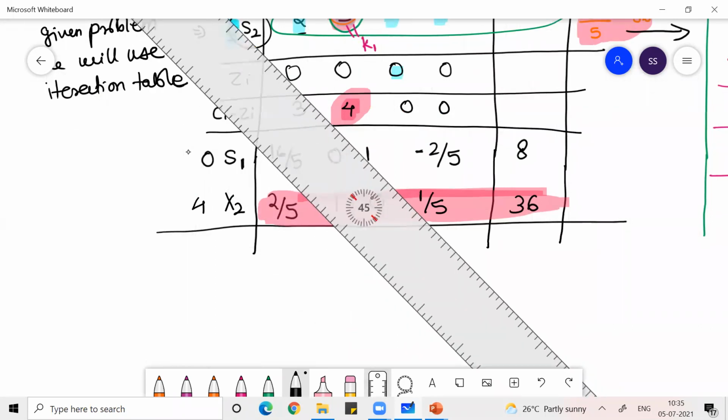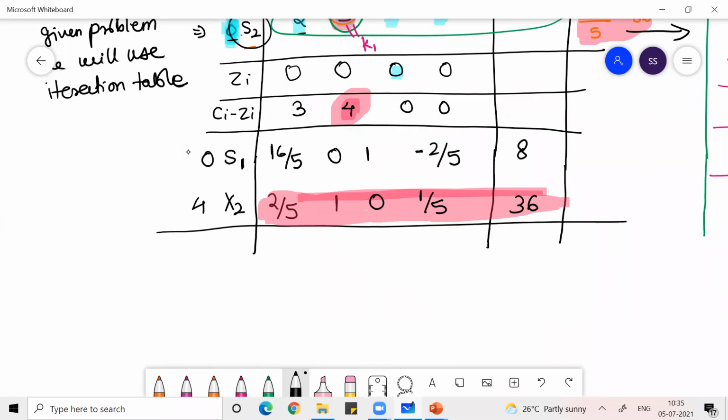Now what I can do is find the value of Zi and then Ci minus Zi. So I can find the Zi.